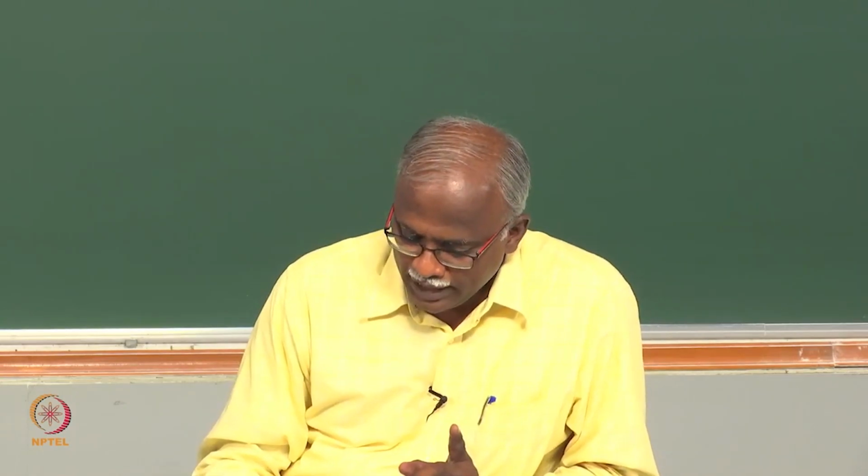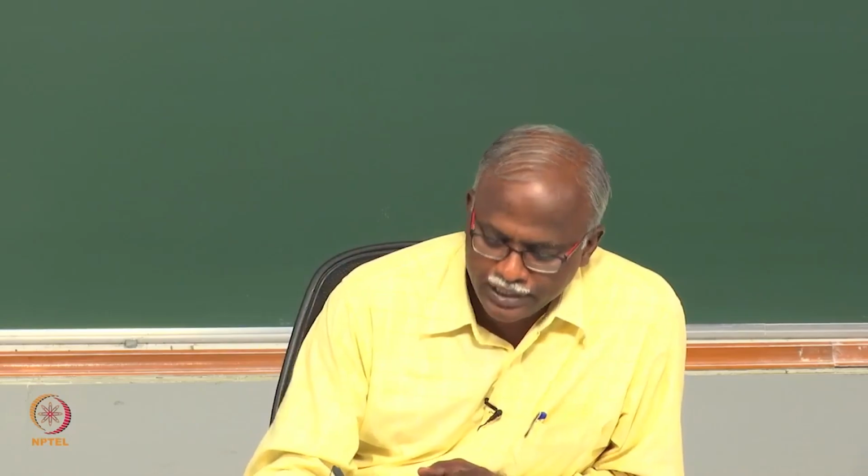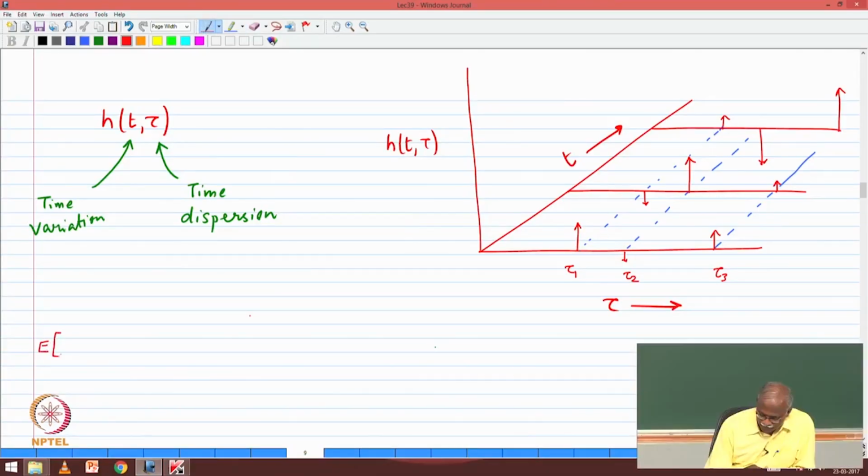So the first one that we did was we took this expression for h of t comma tau and we computed the autocorrelation, E of h of t comma tau times h conjugate of t plus delta t comma tau, and wrote down the expressions for that.